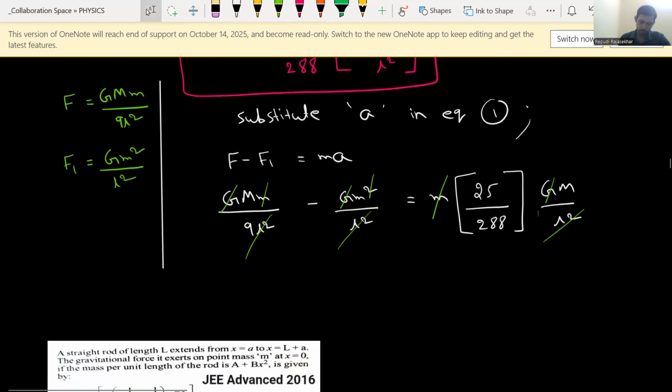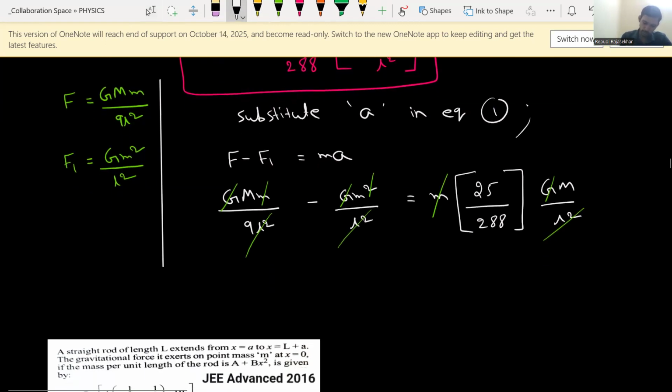So what left? Just we write those terms only. Let us take here, this is capital M divided by 9 minus small m equals to 25 capital M divided by 288.